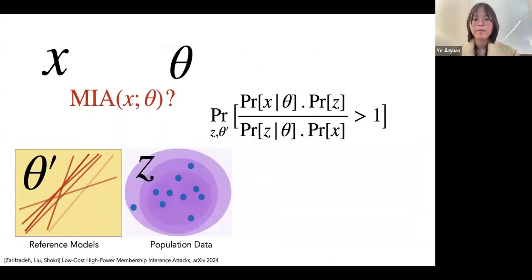So more precisely, the attack computes how likely are X given theta compared to Z given theta, over how X and Z compare with each other on reference models.